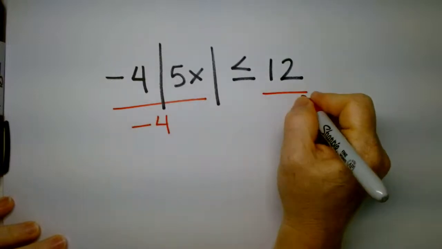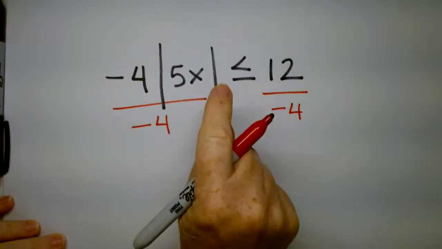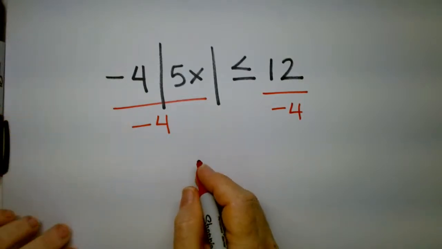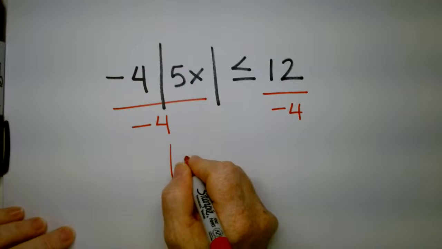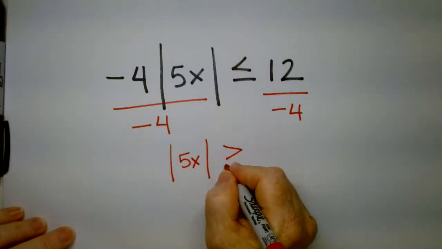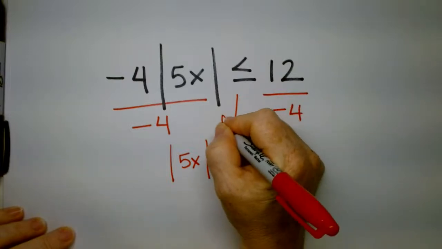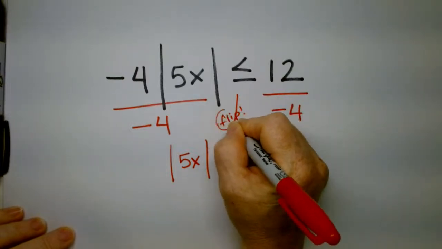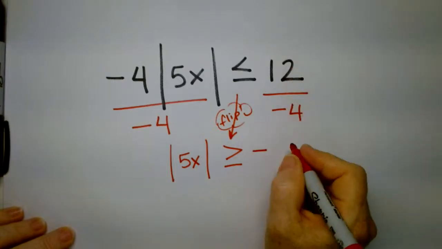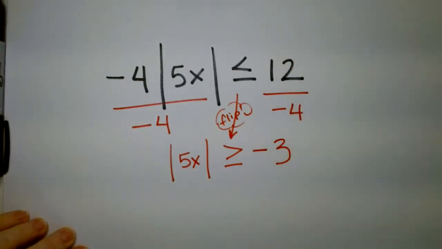Anytime we divide by a negative number and it's an inequality, you're going to have to flip that. Okay, so minus 4 over minus 4, that goes away. So we have the absolute value bars around 5x. Flip this. Okay. And this is a minus, and this is a 12 over 4, which is a 3.